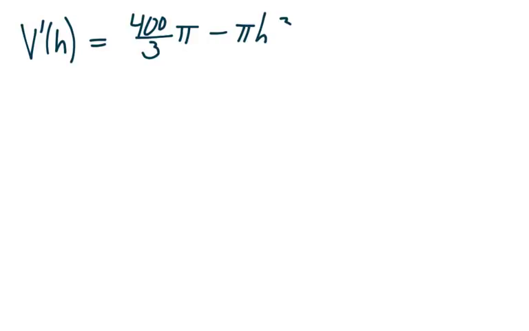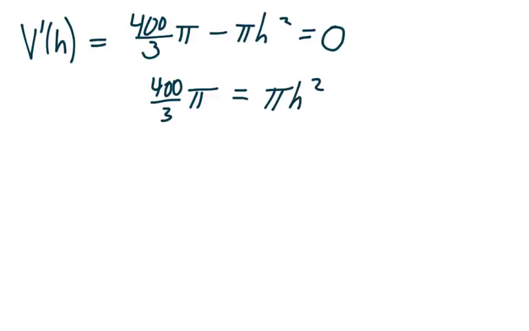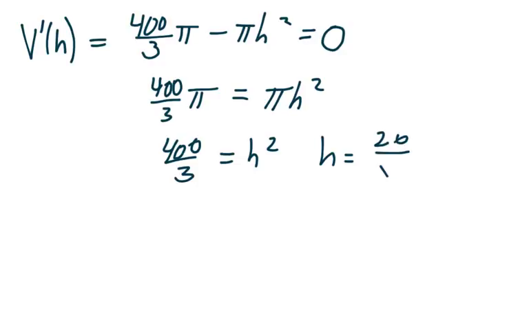Again, we want to optimize this, so I'm looking for critical points. I set this equal to 0, and I solve for h. So I've got 400 over 3 pi equals pi h squared. I can cancel the pi, and I get 400 over 3 equals h squared. So h is equal to the square root of 400 over 3, which is 20 over root 3.